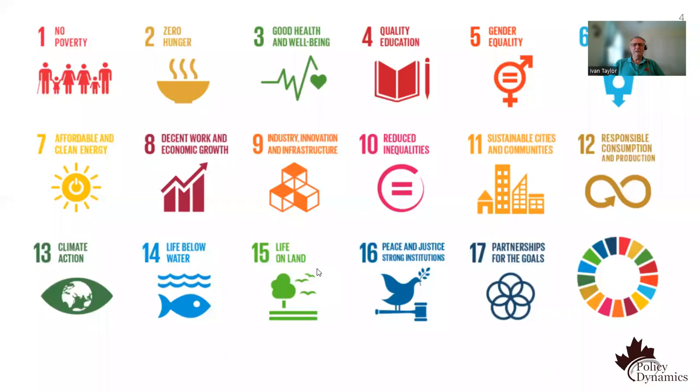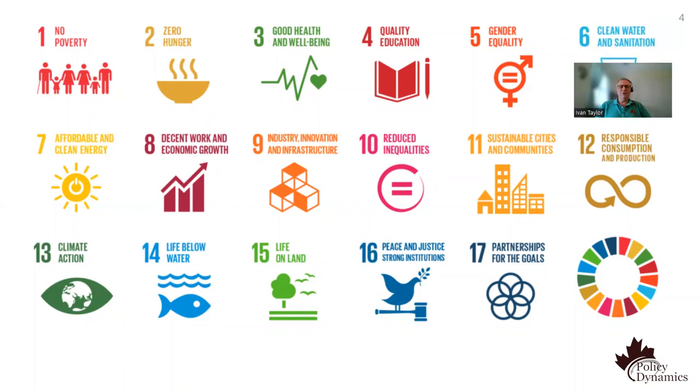Well, here are the 17 Sustainable Development Goals. They cover a wide range of development issues in a country, and each one of them has a number of sub goals. Those sub goals are more quantitative.